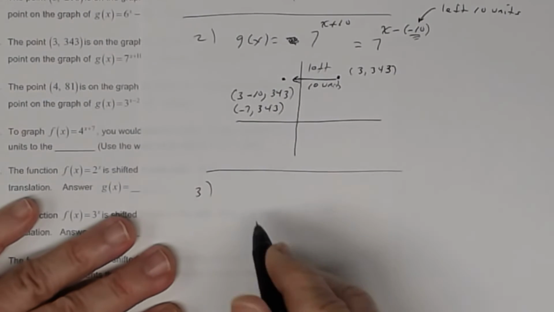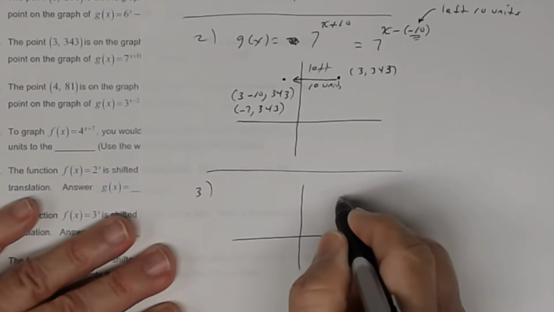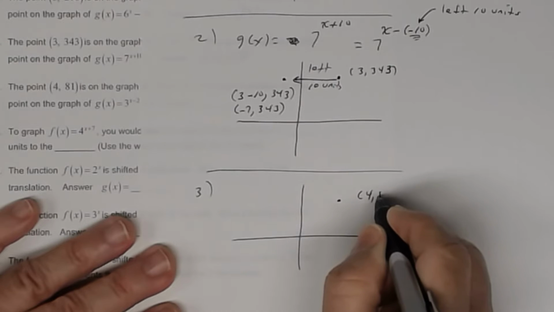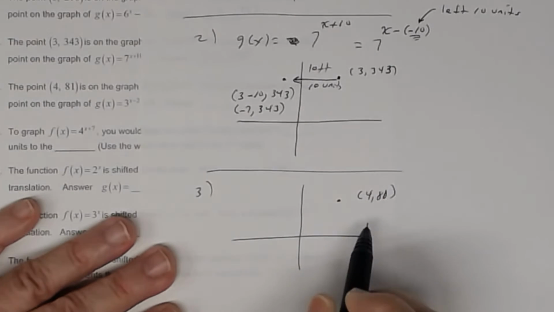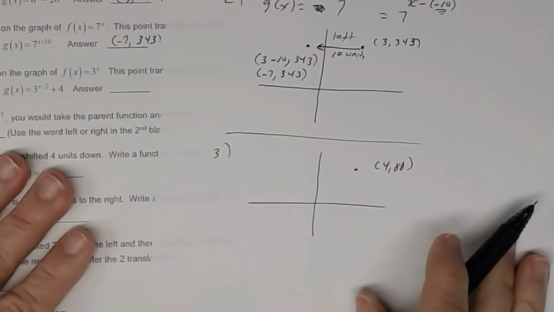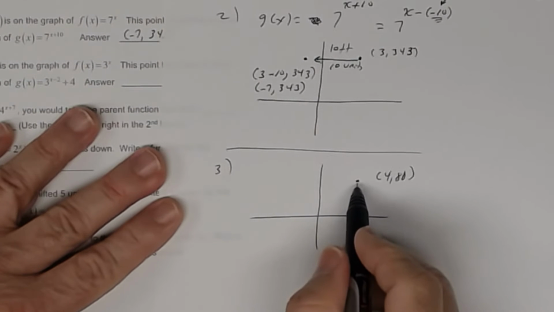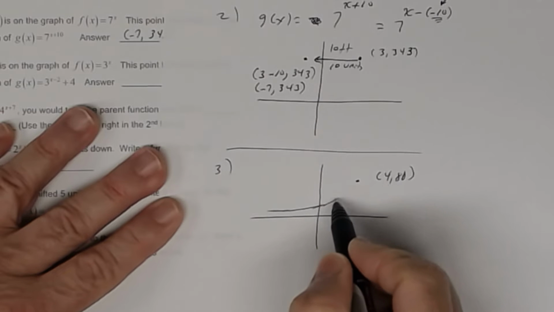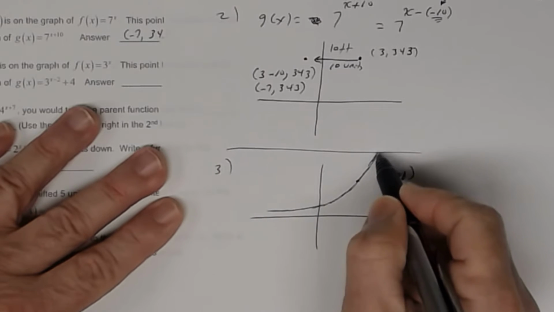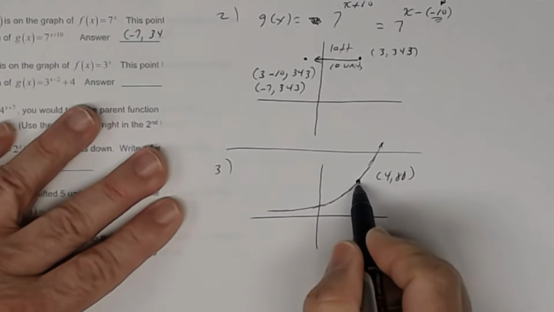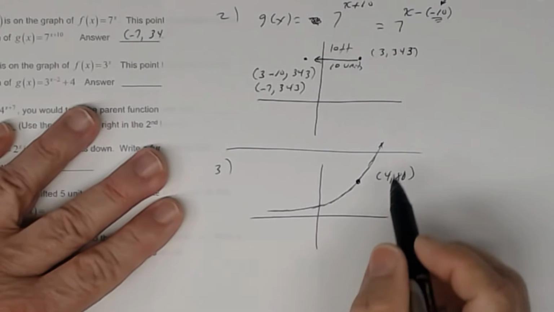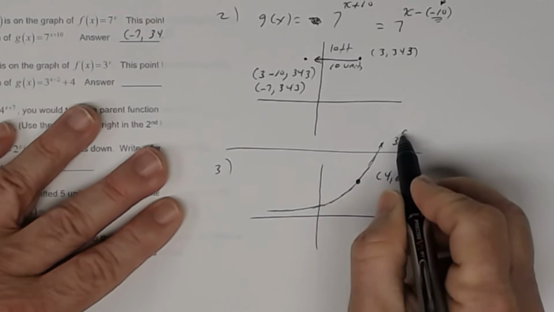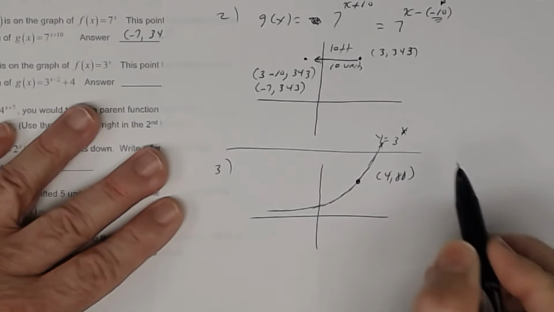The point (4, 81) is here, on the graph of the function 3 to the x. Whatever the graph may look like, sketching it very roughly, it'll look something like this. Regardless, this point is on the graph of y equals 3 to the x.